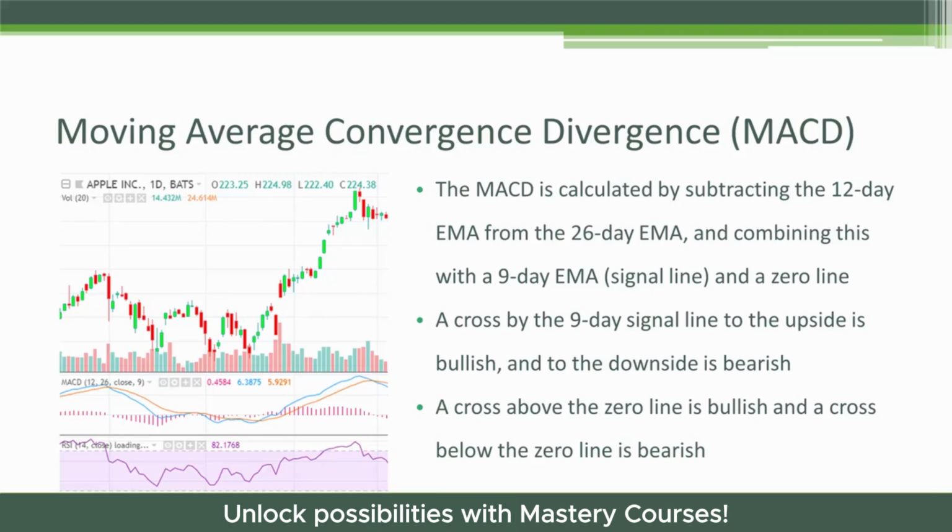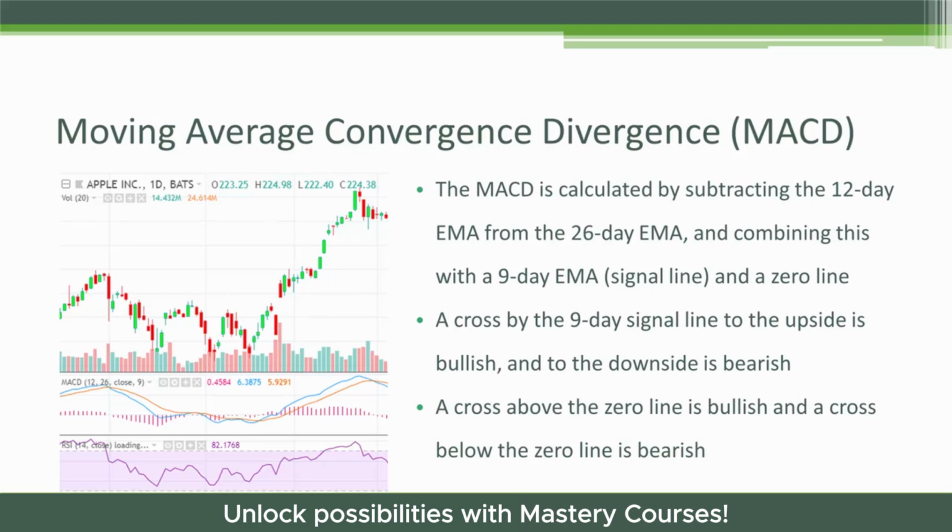The first one is a cross of the 9-day above or below the 12 subtracted from the 26-day EMA. So when the 9-day signal moves above the slow line, that's a bullish sign. When the 9-day signal moves below the slow line, that's a bearish sign. We also have the zero line, as I talked about a minute ago.